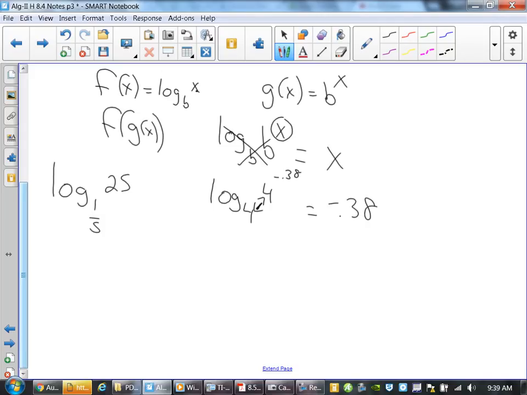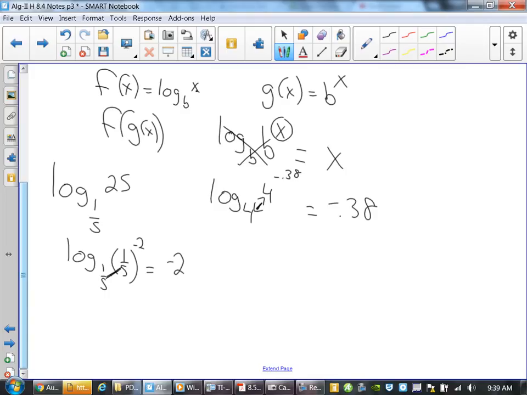Well, that would have been 1/5 to the negative 2, I believe. So that's the same thing as saying log base 1/5 of 1/5 to the negative 2. Now, since those bases are the same, what happens to the exponent? It drops.